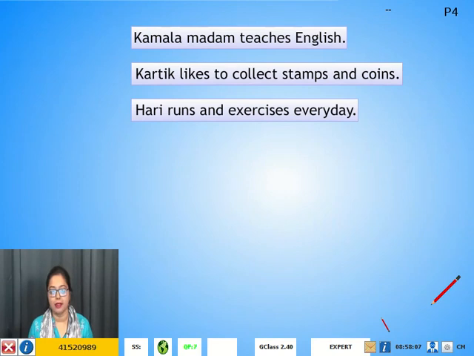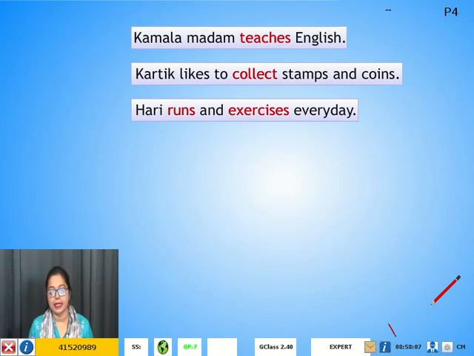So here also, another set of sentences will be coming up on your screen. Look at the sentences carefully to understand simple present tense. I'll read out the sentences. Kamala madam teaches English. Karthik likes to collect stamps and coins. Hari runs and exercises every day.